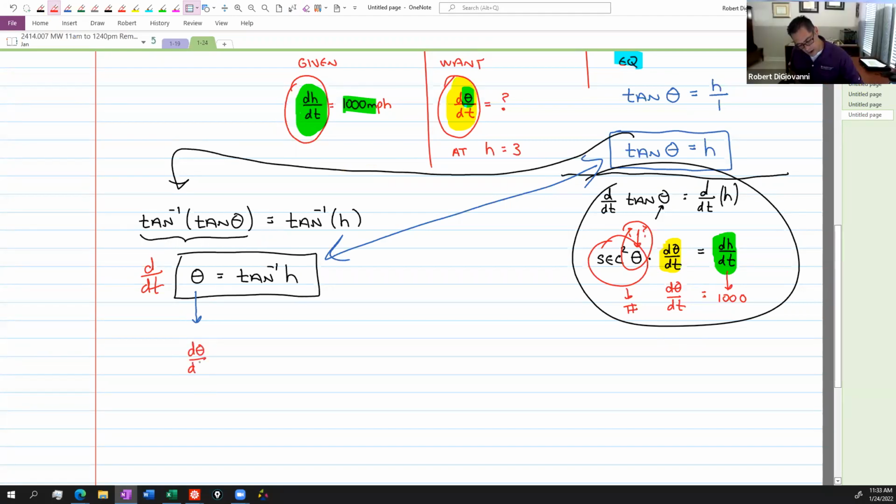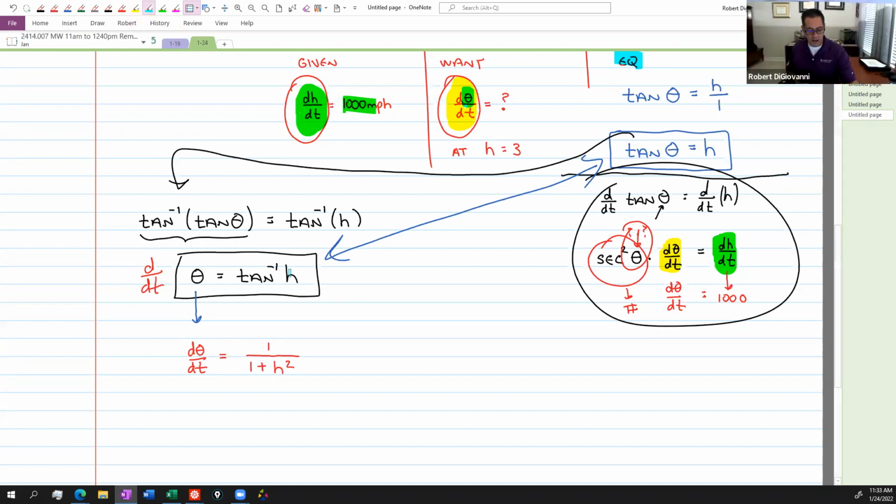Yep, okay, and that's it, right? And we're happy to see that, because it's actually what we're looking for in the problem. All right, good. You want to keep going with this? What's the derivative of arctangent of h? It's 1 divided by 1 plus x squared, in this case, h squared. Very good, almost done.